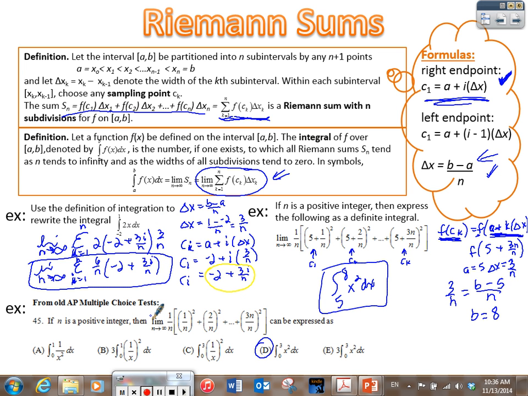This is the original one that we did. We put the CK inside of the function, which was 2x. Look at what they did over here. They put the CK inside of the function. What is the function? It's x squared. That's the same kind of thing we did over here. By looking at that, we can pretty quickly say, oh, it's x squared.